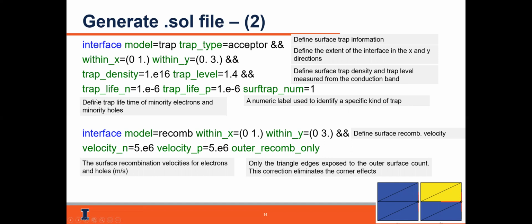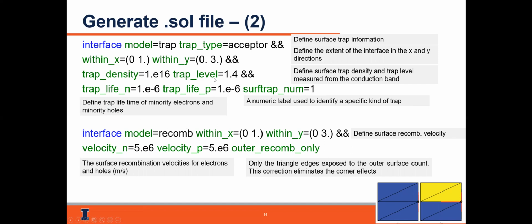And then we provide a trap lifetime of minority electrons and minority holes to like 10 to the minus 6 seconds for electron and hole. And third, this argument, surf trap number equals to 1 implies that this is just a label used to identify a specific kind of trap.